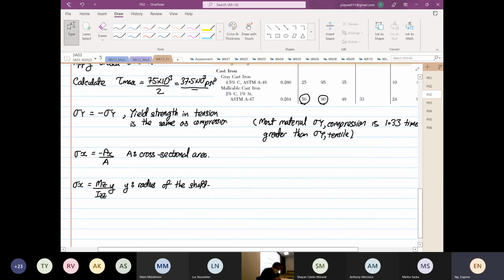And then in terms of shear, we have Tx times C divided by J, where C is also the radius of the shaft.